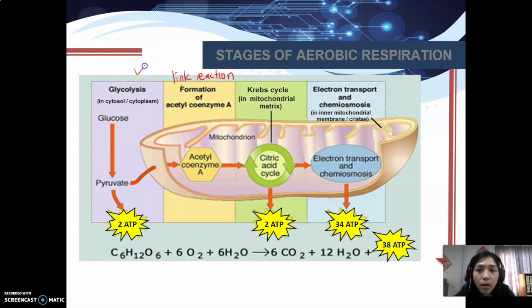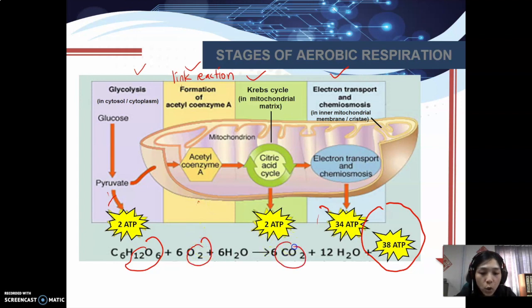After all these steps, aerobic respiration will produce a total of 38 ATP, and the glucose will be broken down with the help of oxygen to produce CO2 and H2O.